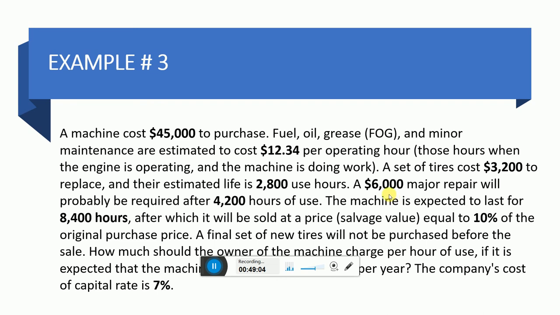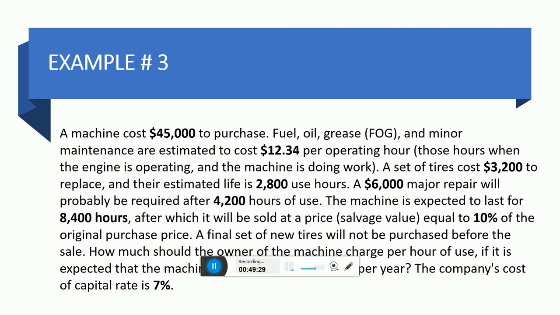Similarly, a major repair of $6,000 is required after 4,200 hours, and the total machinery can be used for 8,400 hours. The salvage value is 10%, and the company's cost of capital is 7%.